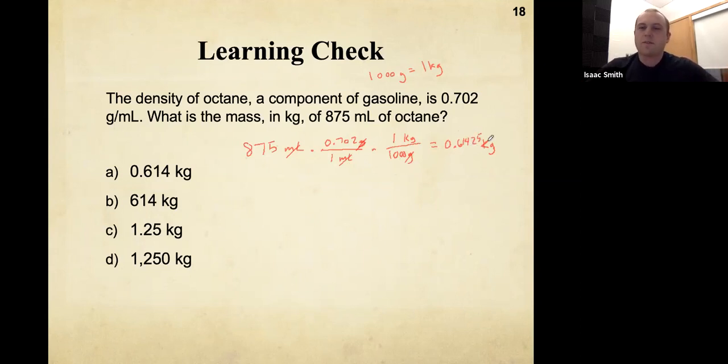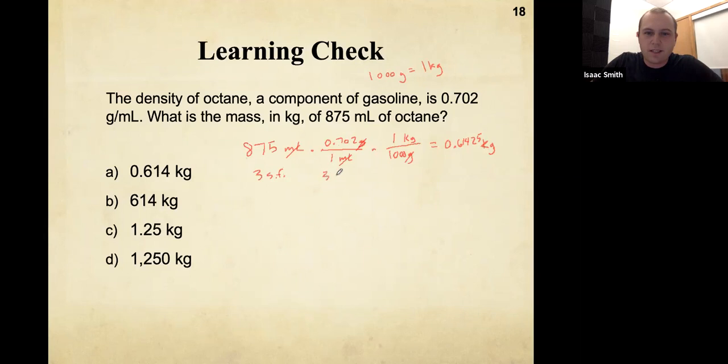And then the final step is to make sure this is in the correct number of significant figures. So 875 milliliters, that's a measured value. So we have 3 sig figs. Density, right? We're going to look at the number of sig figs in the grams, because per 1 unit of milliliter, we're going to estimate that there's 0.702 grams.